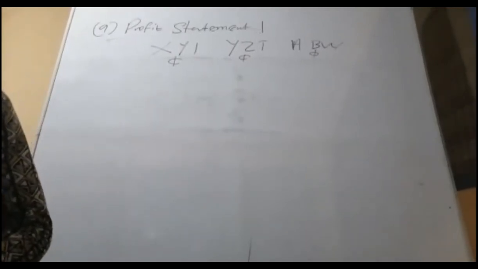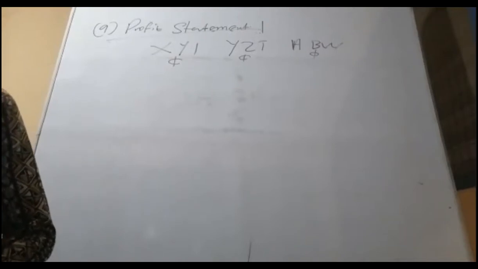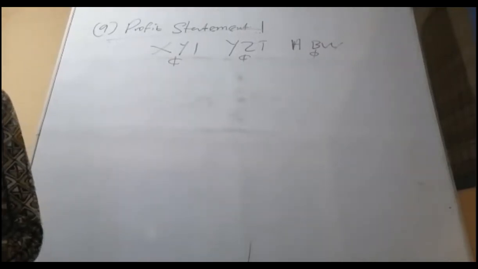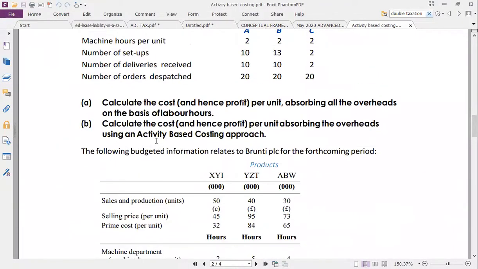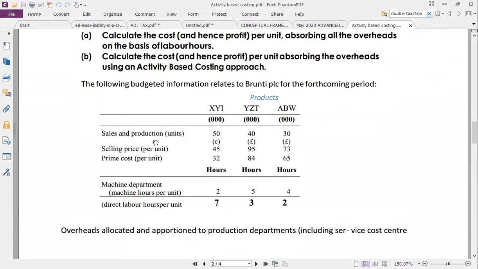Okay, so let's see. Now let's start with the main scenario. It's a bit lengthy. It starts by saying the following budgeted information relate to Brunty PLC for the forthcoming period. Product, they are all there.